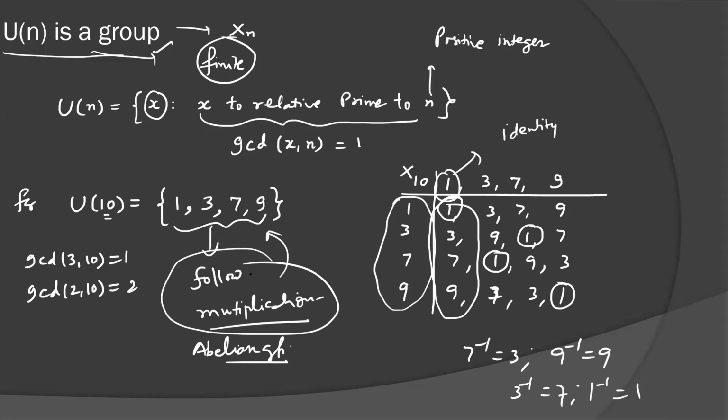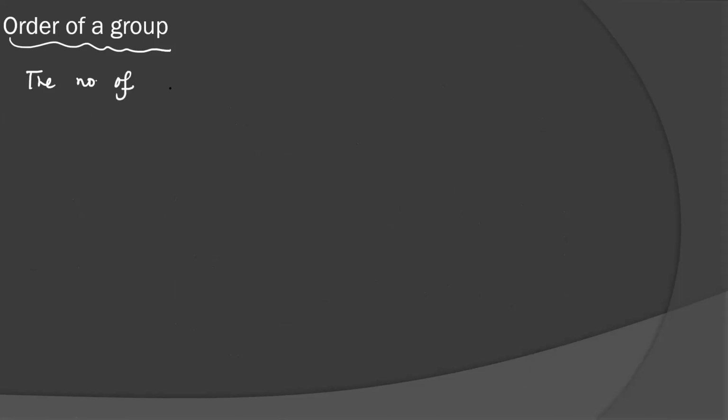Now, let's see the order of this group. Let's see what is the order of a group. The number of elements of a group, finite or infinite, is called its order. I told you this definition in lecture 1, but I am again repeating it, along with finite group and infinite group.